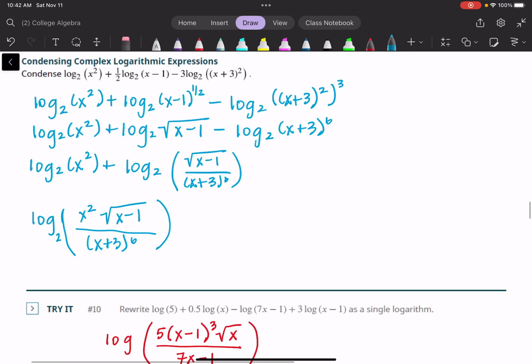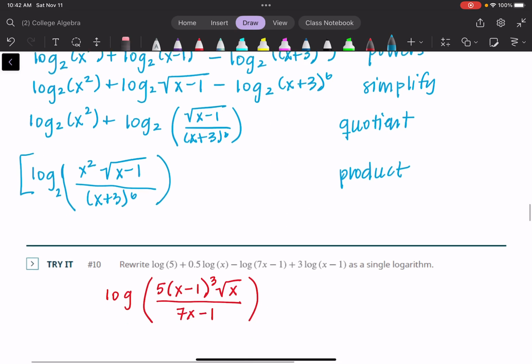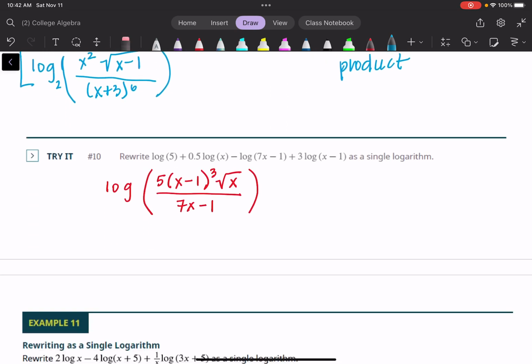So again, I did the powers, simplify some stuff because that looks gnarly. Then I did the quotient, and then I did the product, and then I knew I was finished because I do have a single logarithm. So if you want to try number 10, I really encourage you to do this, because this one's kind of complicated. And I'll give you a minute to do that.